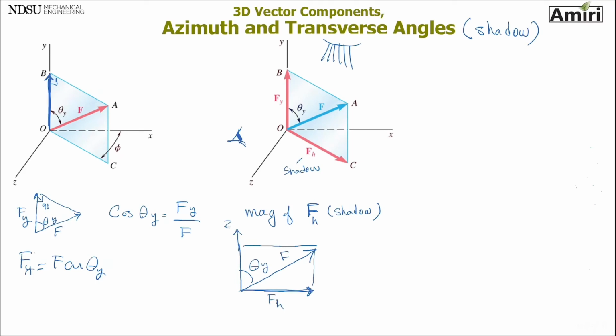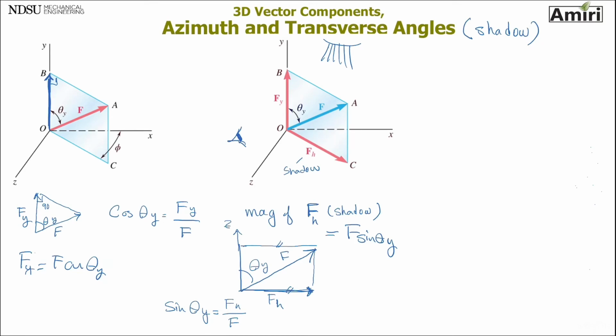Now you have to think 2D. Sine of theta y is what? It is FH over F, right? Do you agree? So the magnitude of FH is F sine theta y.